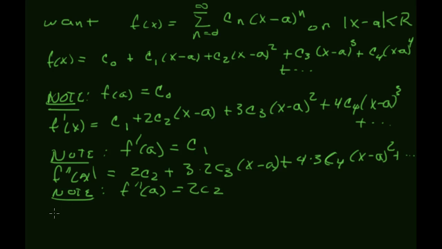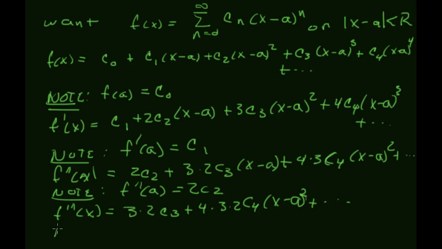Okay, so let's do it one more time. Why not? All right, so the third derivative of f comes out as 3 times 2c sub 3 plus 4 times 3 times 2 c sub 4 times (x minus a) plus yada yada.